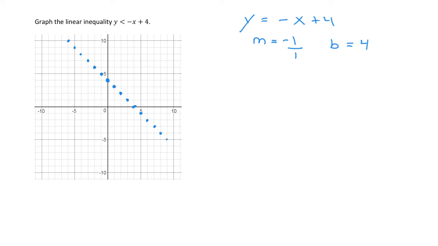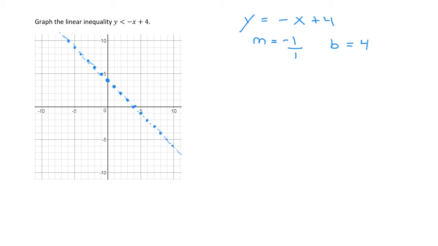Instead of just drawing a solid line that goes between these points, what I'm going to do is try to do a dashed line between the values that I just plotted. So instead of having a solid line that goes between all of the points, I did a dashed or dotted line to represent, okay, this is my barrier and I'm not including any of those points that are not on the line. And the reason I'm doing that is because there's no equal sign on my inequality.